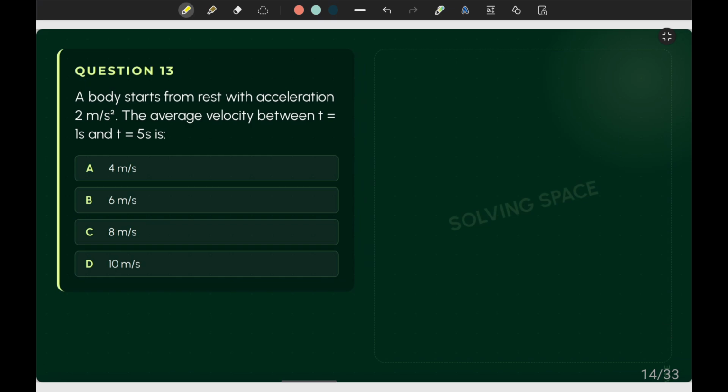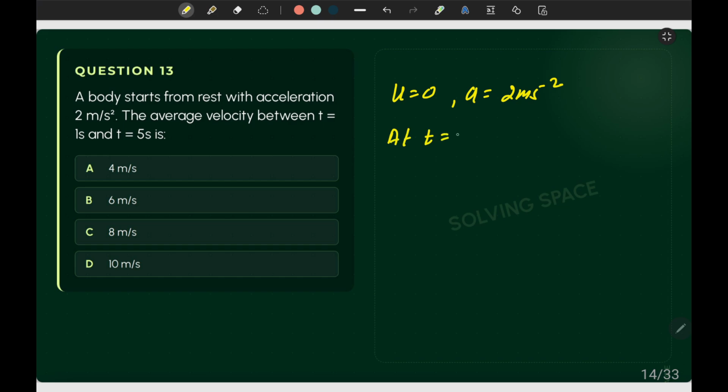Question number 13. A body starts from rest with acceleration 2 meter per second square. The average velocity between t equal to 1 second and t equal to 5 second is... So we need to calculate the velocities. Here u is equal to 0 and a is 2 meter per second square.